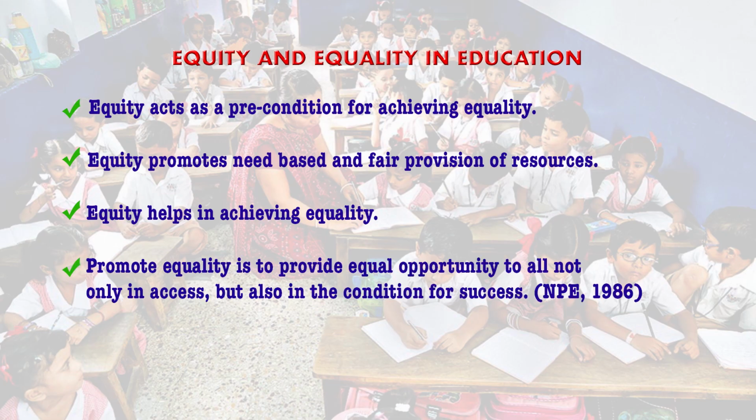To promote equality is to provide equal opportunity to all, not only in access but also in conditions for success. This is as per the National Policy on Education 1986. It says that equal opportunity is not only about access. If we provide access to them, it is not enough.